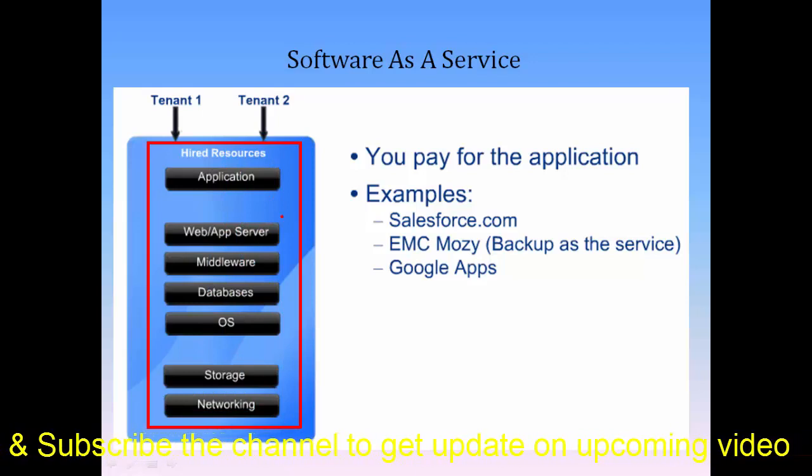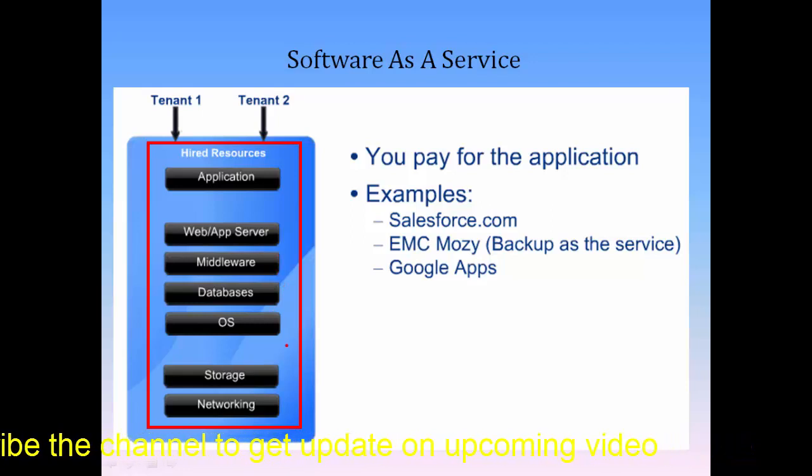First, according to your application requirement, they provide you the operating system or whatever middleware you require. Then what basic capacity of hardware resources you require, what storage, networking and computing power.